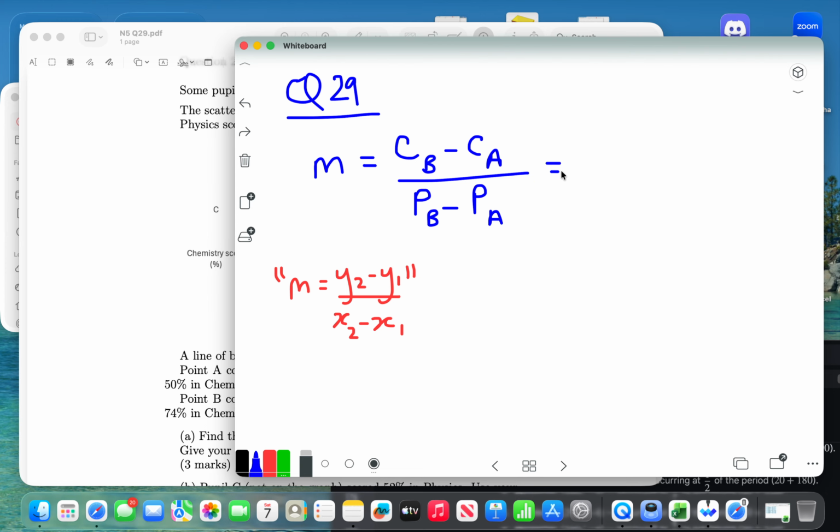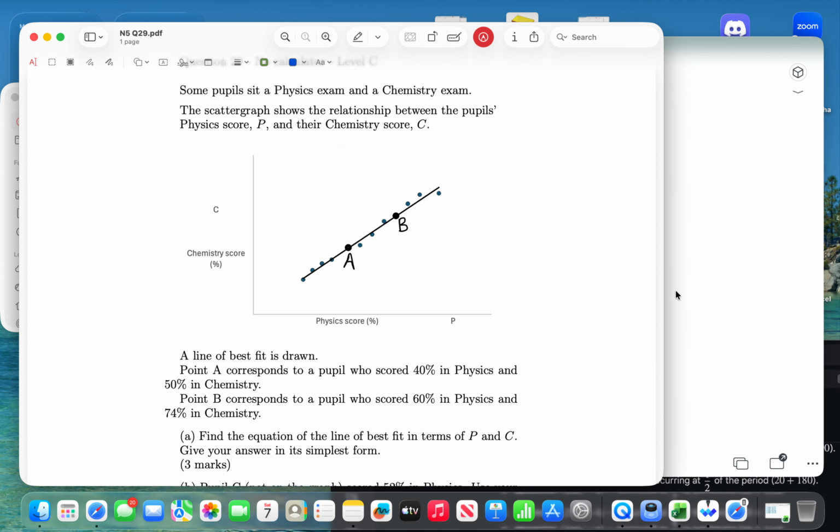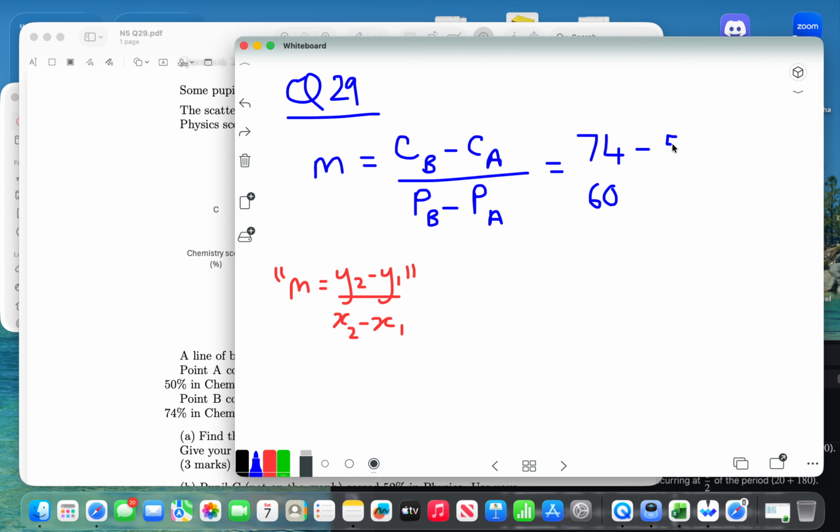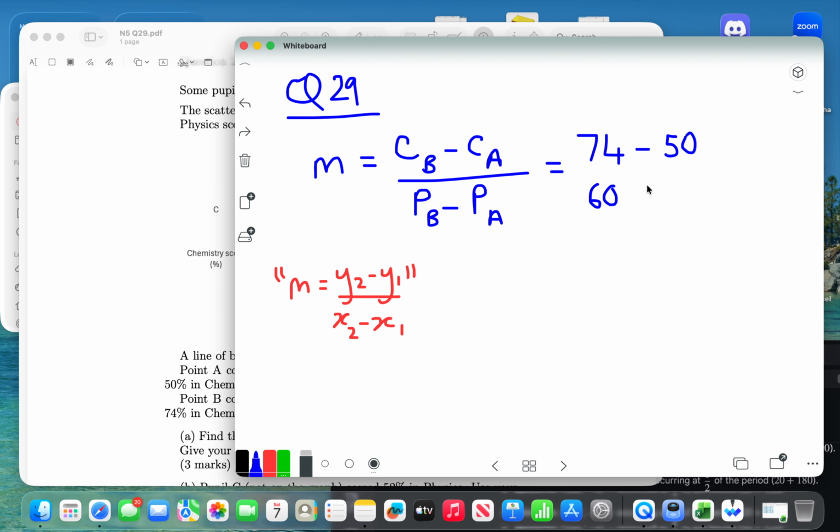So chemistry is 74 and physics is 60. CA is 50 and PA, the physics score of A, is 40.